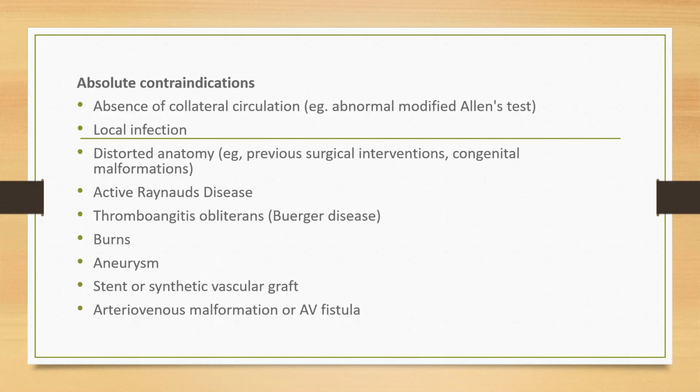Absolute contraindications include absence of collateral circulation, for example, in abnormal modified Allen's test, local infection, distorted anatomy, for example, in previous surgical interventions or congenital malformations, active Raynaud's disease, thromboangiitis obliterans, burn cases, aneurysms, stents or synthetic vascular graft, arteriovenous malformation, or AV fistula cases.